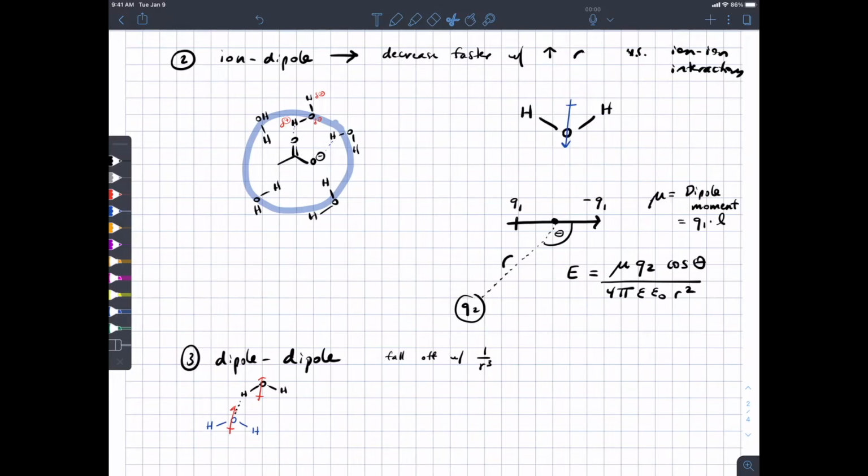Okay, others? I know that water also has hydrogen bonding, and hydrogen bonding should be stronger than dipole-dipole. Does that matter in that case?